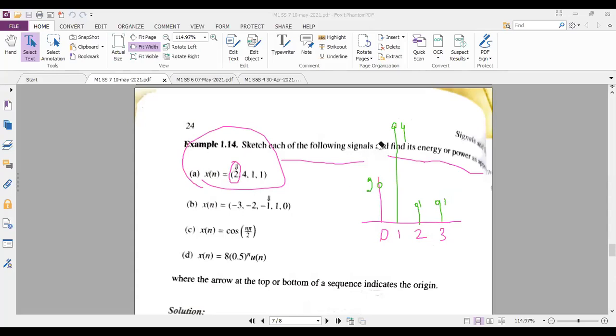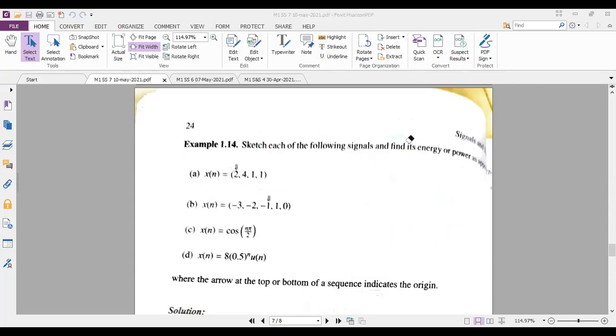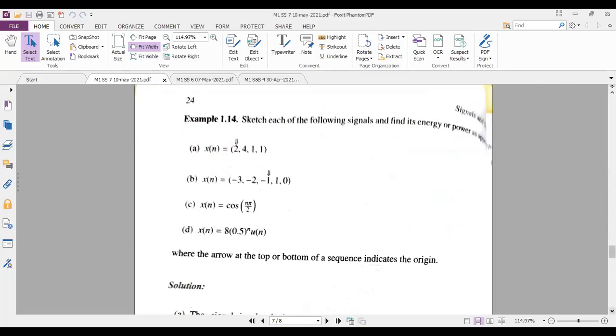Can anybody guess and tell me, will it come under energy signal or power signal? The first question will come under energy or power. You know the rules to be followed to identify energy and power. Energy means it should not be periodic.